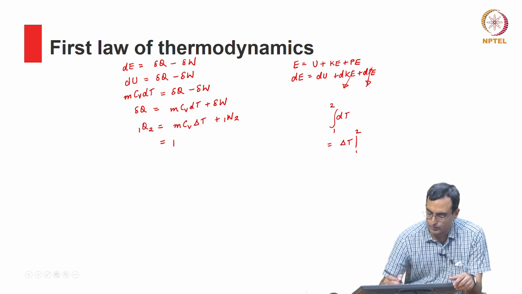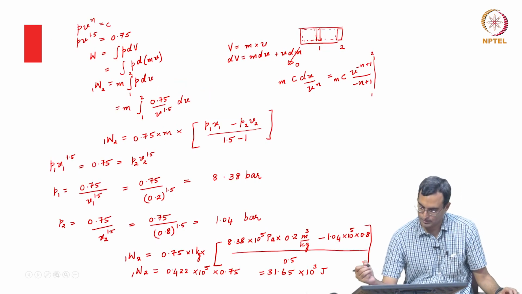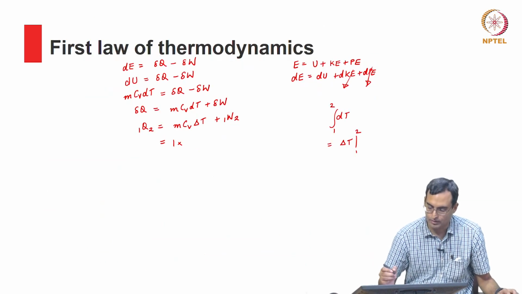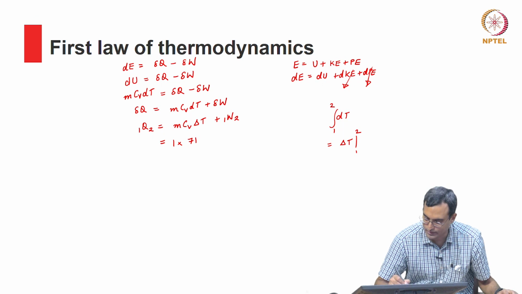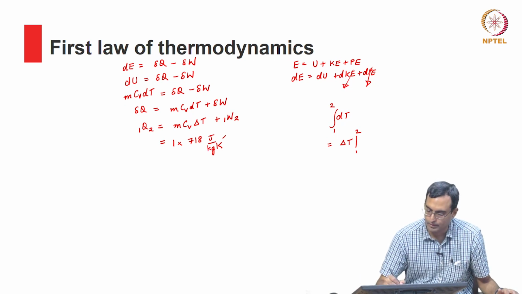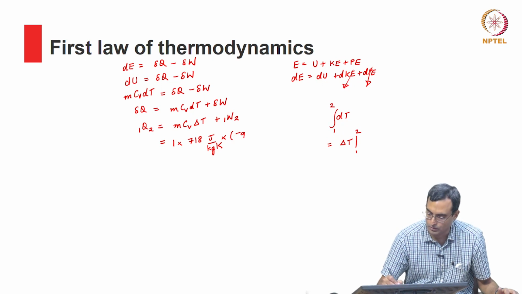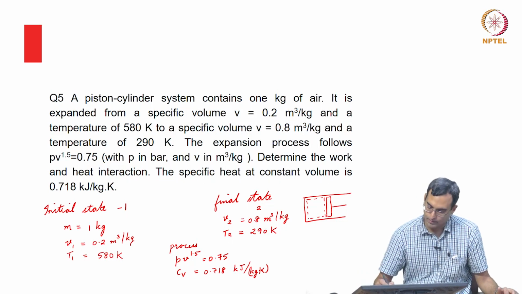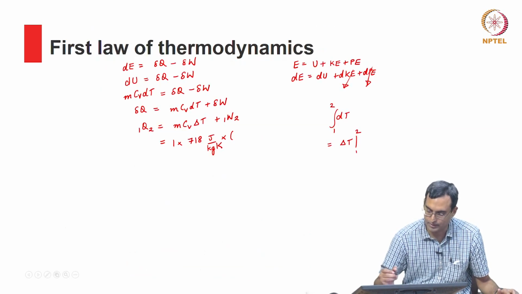So, I have the mass which is 1 kg, I have Cv which I think was given as 0.718 kilojoule per kg Kelvin. So, I am going to write it in SI units as 718 joule per kg Kelvin. This is a small k in case that is not clear, into delta T, which is, I think, the final temperature was 290 Kelvin, the initial temperature is 580.